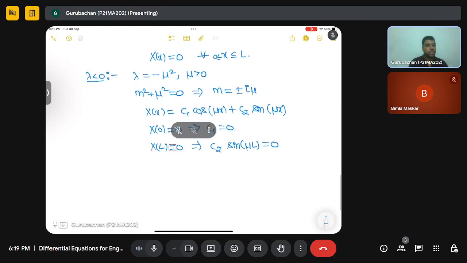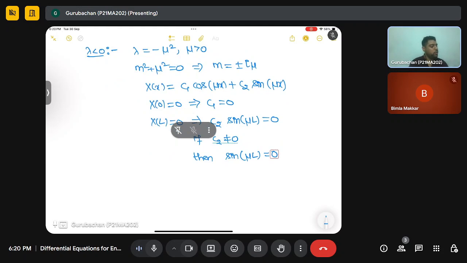Now we want the non-zero solution. So if c2 is non-zero, then obviously sin mu L has to be 0. If sin mu L is 0, that means mu L has to be some n pi.